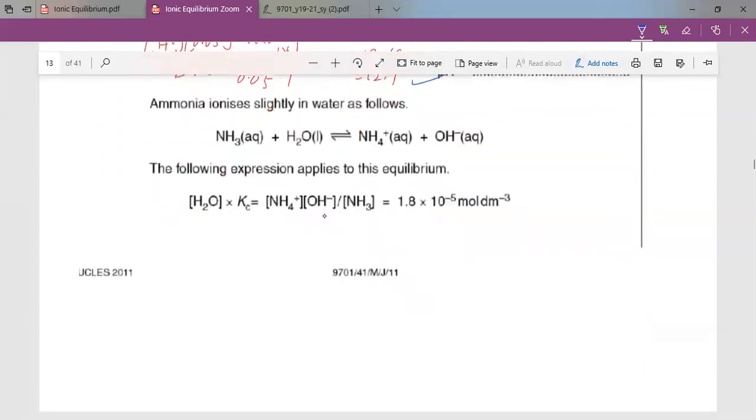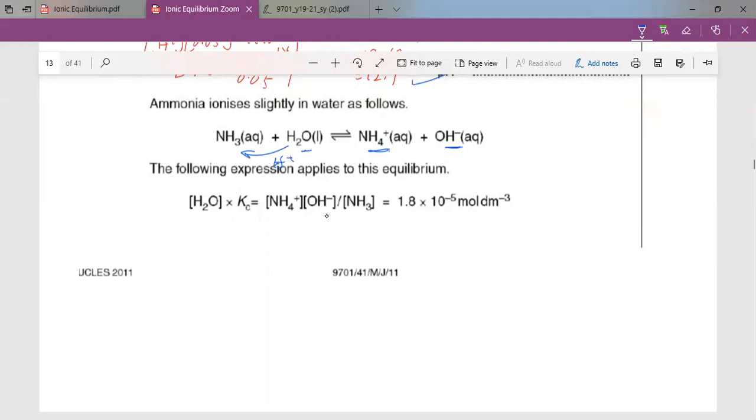Now weak base, ammonia, it's a bit different. Remember it ionizes partially, plus water gives you ammonium ion and OH minus, right? It is a proton acceptor, it takes the proton here, H plus, to become ammonium, right? So for the full expression, you can write it down.